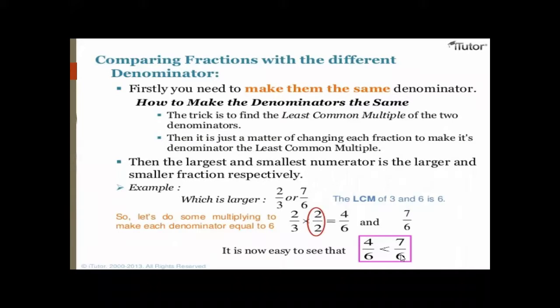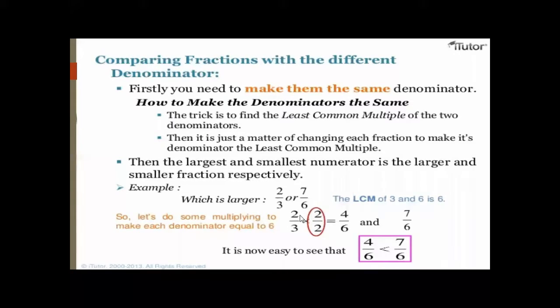I am telling you again, students, when we compare fractions with different denominators, we will take the LCM of the denominators. Then we will make the same denominator by multiplying the numerator and the denominator by the same number.